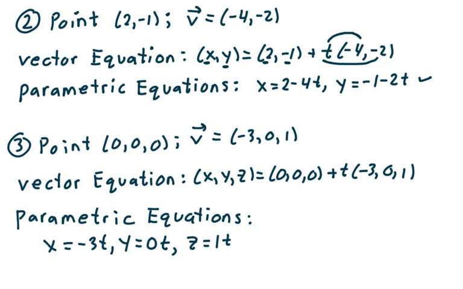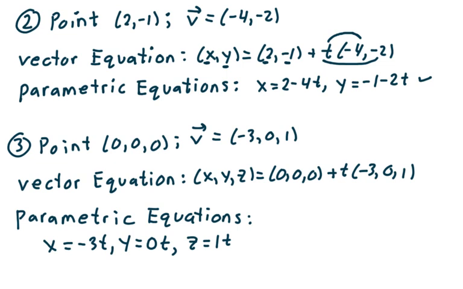In number 3, suppose the point is (0, 0, 0), and the vector is (-3, 0, 1). So same idea, just in 3 space. The vector equation is (x, y, z) is equal to (0, 0, 0), the position vector of the point, plus t times (-3, 0, 1).